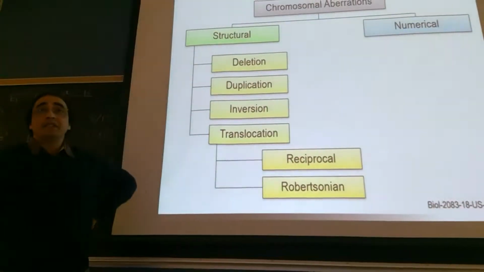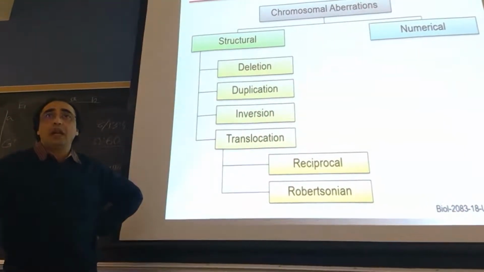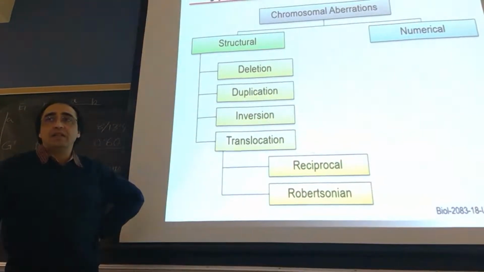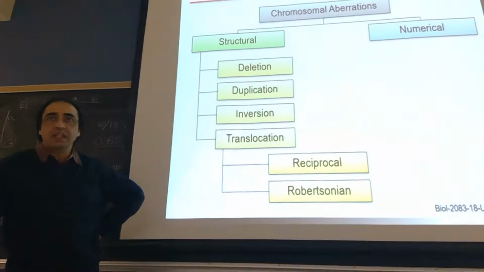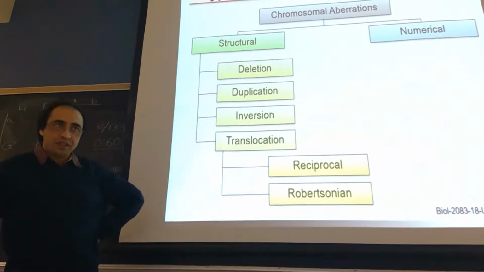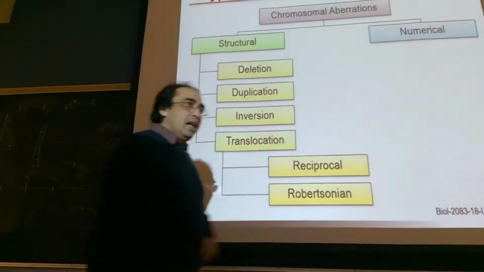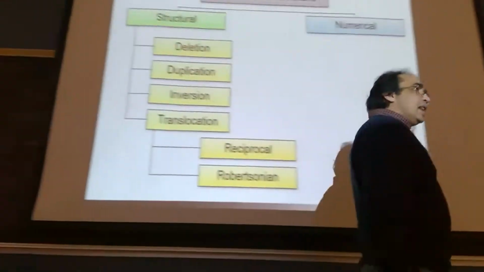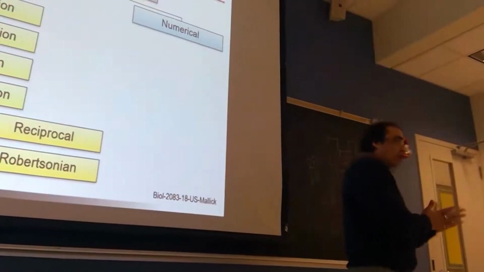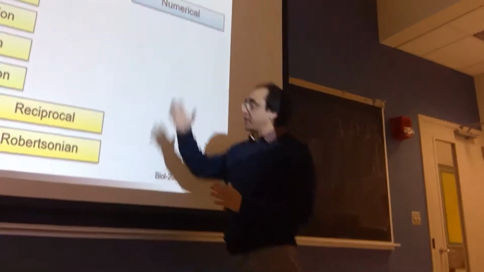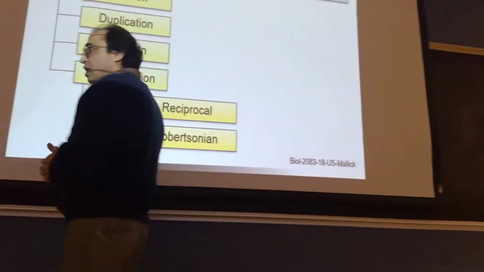Structural aberration means any problem or disturbance in their structure. Any alteration in their number is called the numerical aberration. We'll talk about the numerical aberration later. At first, think about the structural aberration.